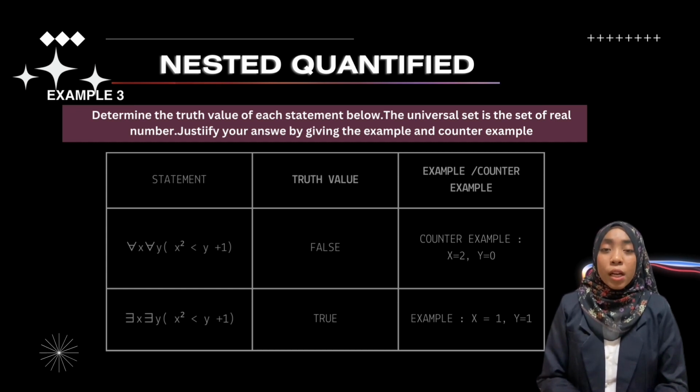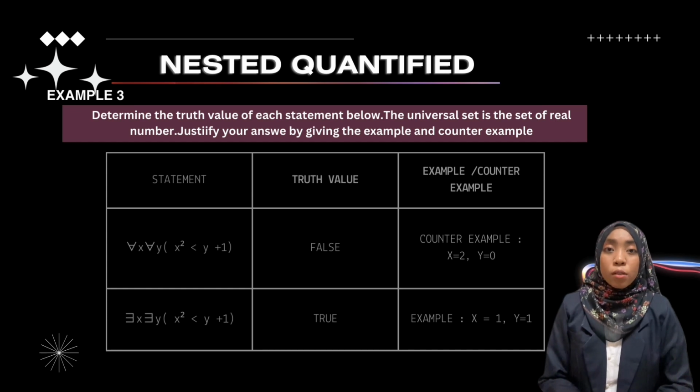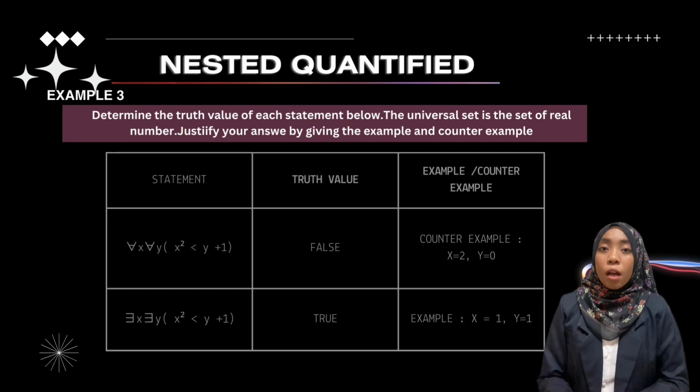Then the counterexample will be x is 2 and y is 0. Next, there exists x, there exists y, x power of 2 is less than y plus 1, so the truth value is true. For example, x is 1 and y is 1. So if we want to get the example, we need to try.